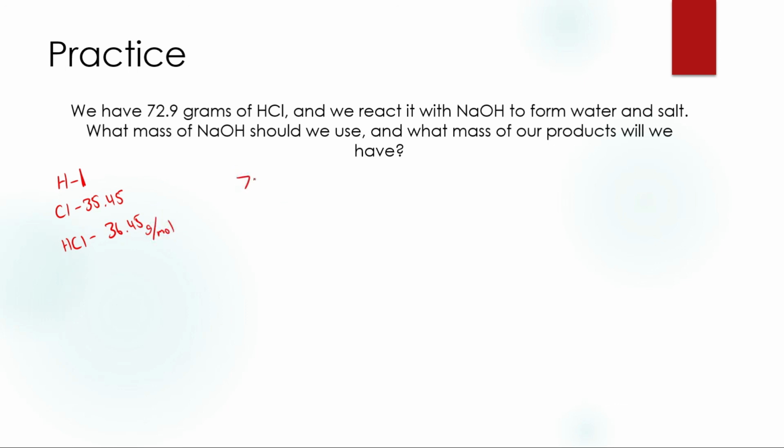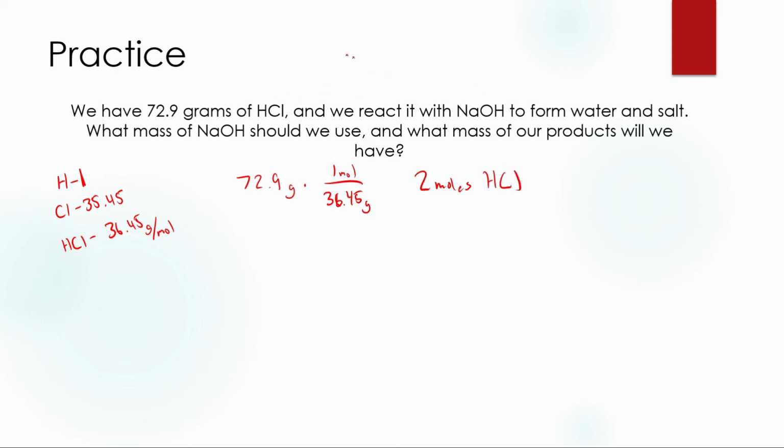Now we have 72.9 grams of HCl, and we want to figure out how many moles of that we have. So in 1 mole, we have 36.45 grams. If we divide these out, we're going to end up getting that we have 2 moles of HCl.